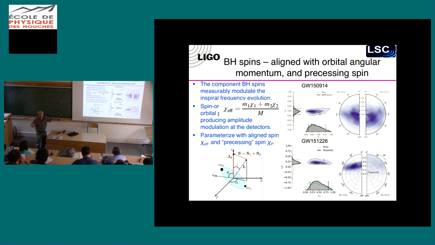In other words, there's almost no information in the data. We really need SNRs of 50 or 100 to start measuring these things well. This blob of blue is the posterior distribution function. It's all over the place. Okay? Aligned spin should be up here. Precessing spin should be like this. This is what we might expect for common evolution of two stars. And we don't see it. Okay. But I'll talk more about it later.